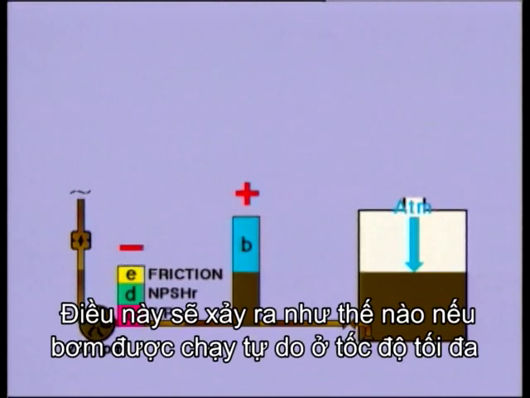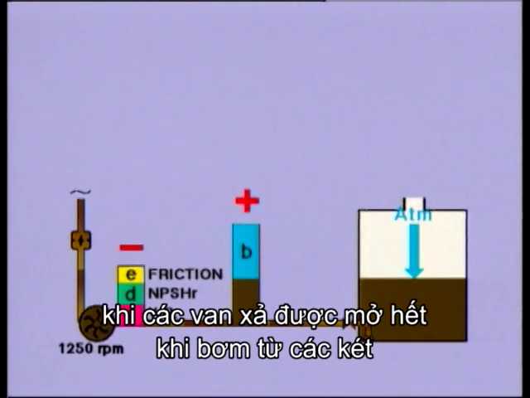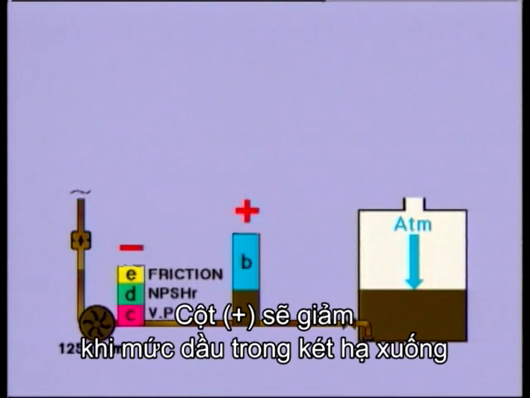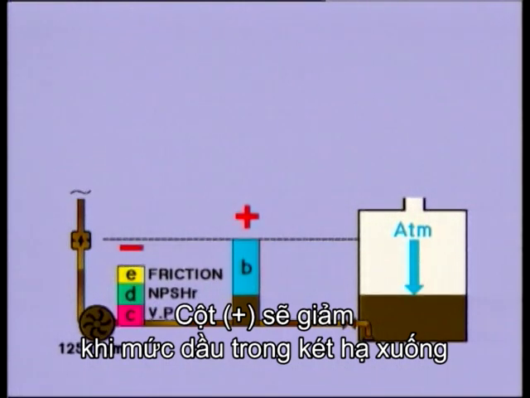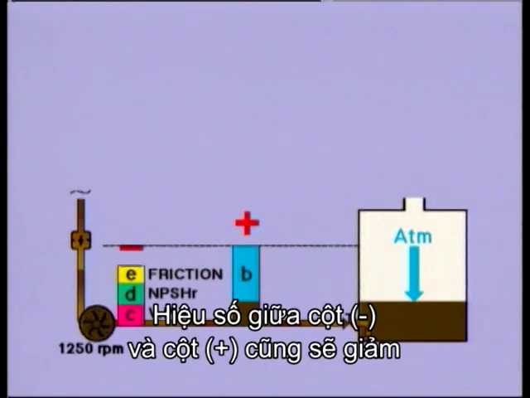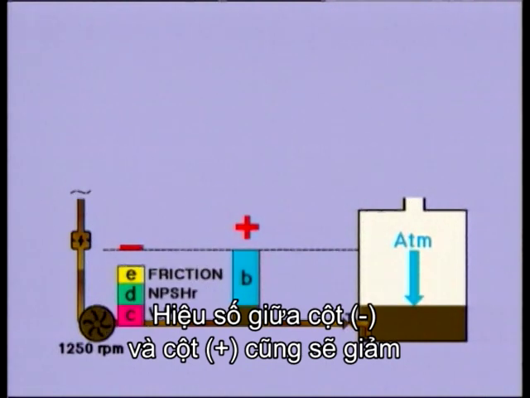This is what happens if the pumps are left unattended at full speed with the discharge valves fully open as the tanks are discharged. The plus column is reduced as the level of oil is sinking in the tank. The column from the air pressure is of course the same. The difference between the positive and the negative columns is reduced.